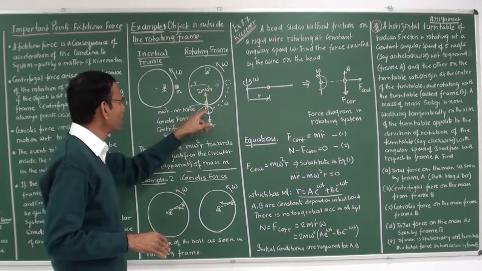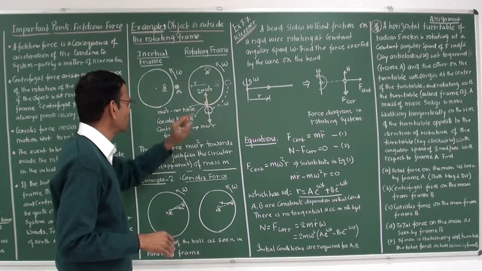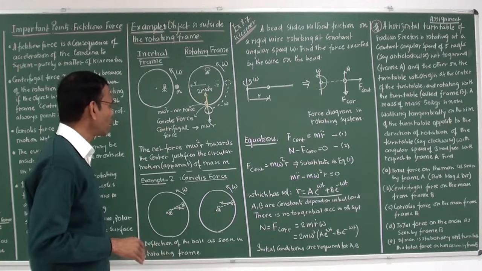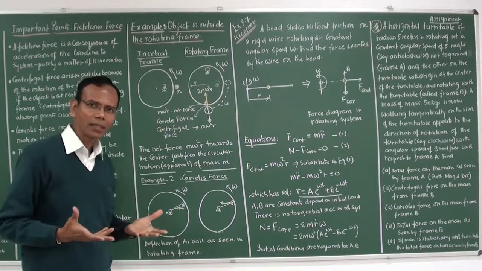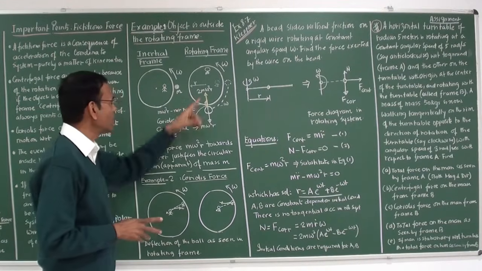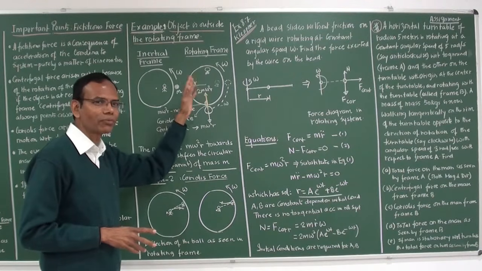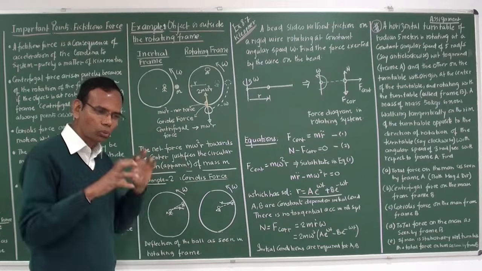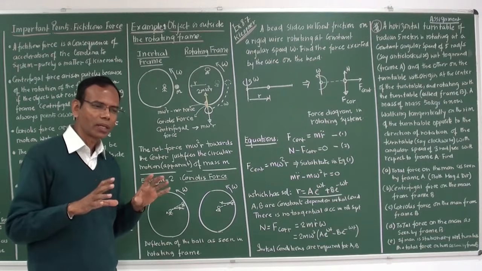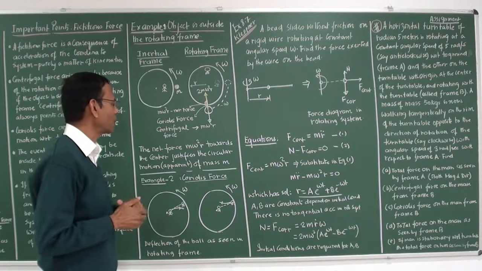As you see, it is rotating at this point. Because the observer is in the non-inertial rotating frame, both these forces, the centrifugal as well as Coriolis, we have to apply.